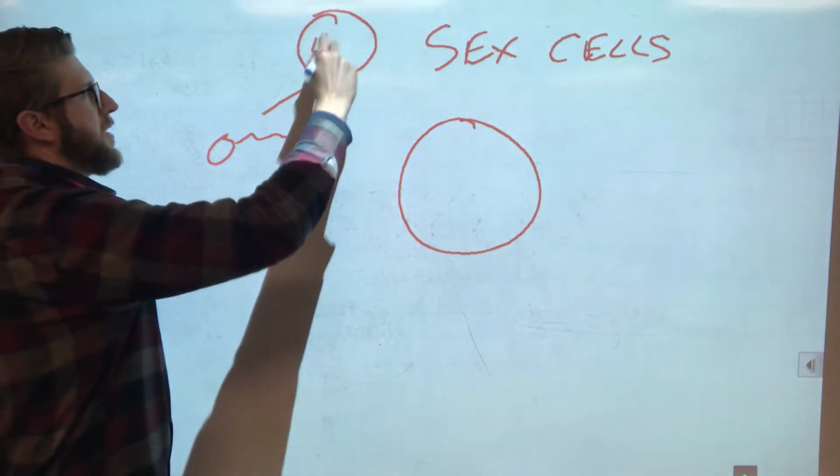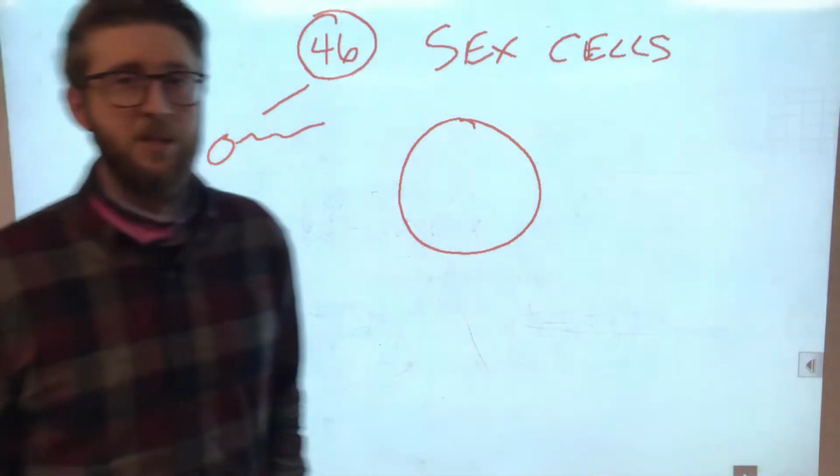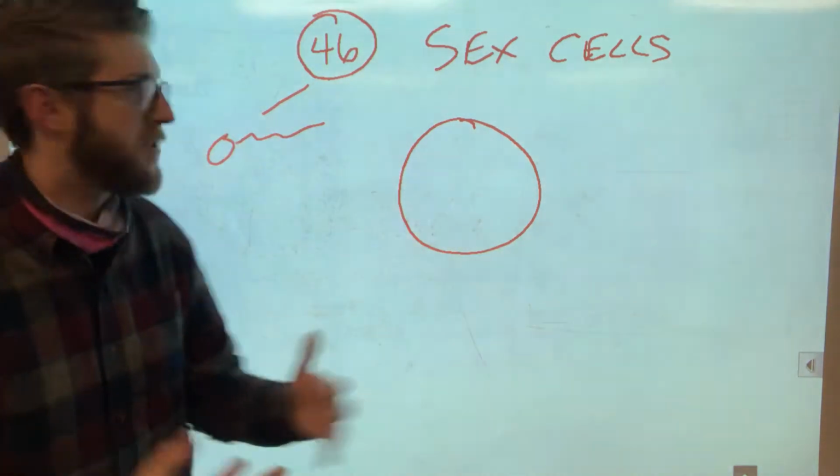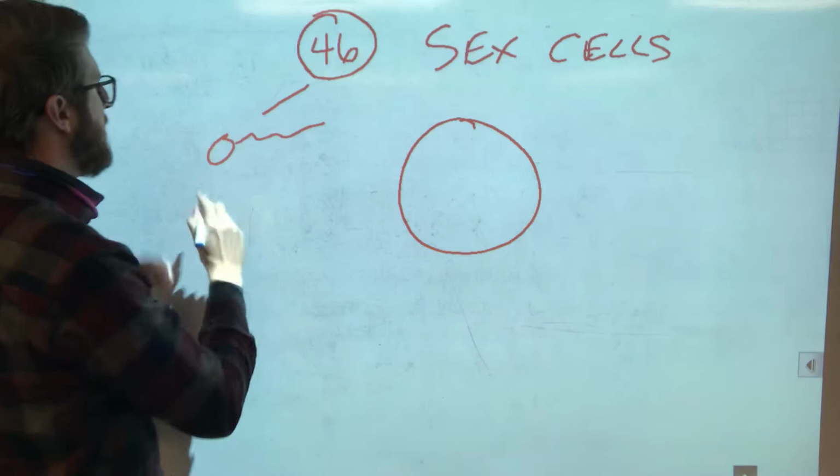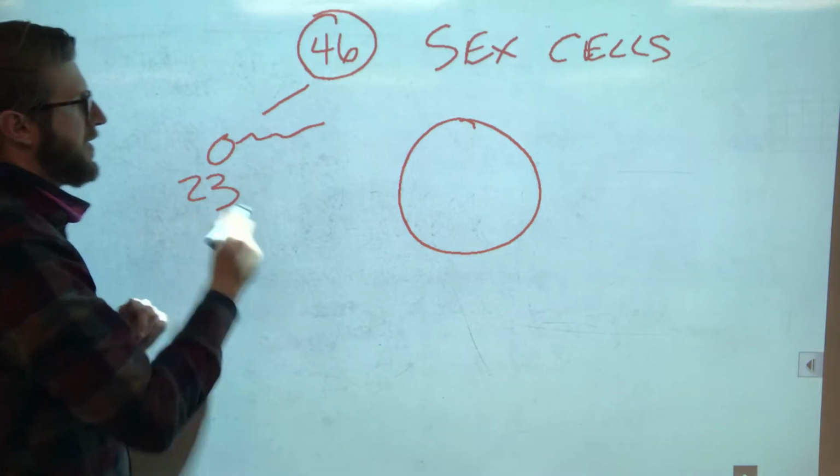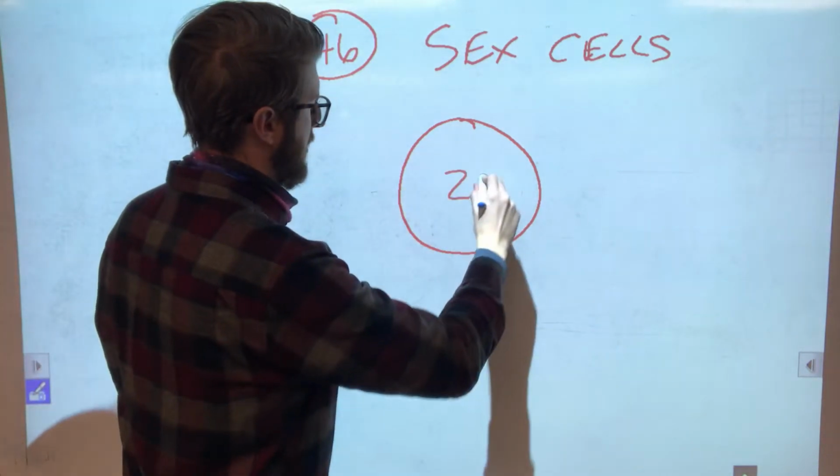So these sex cells have 46, but then when they do meiosis, they make sperm that have 23 and an egg that has 23.